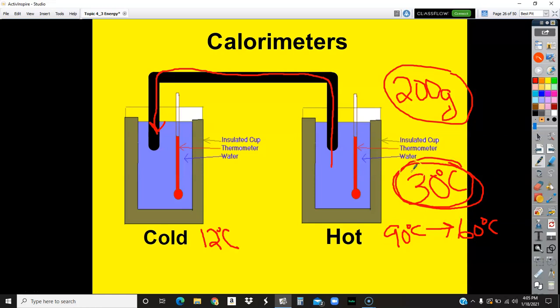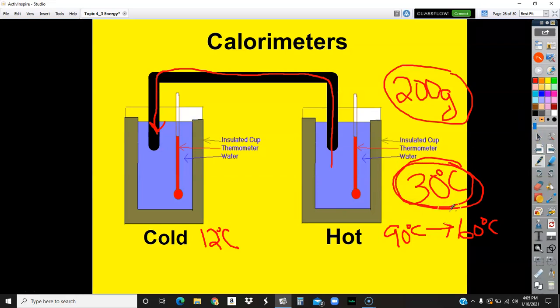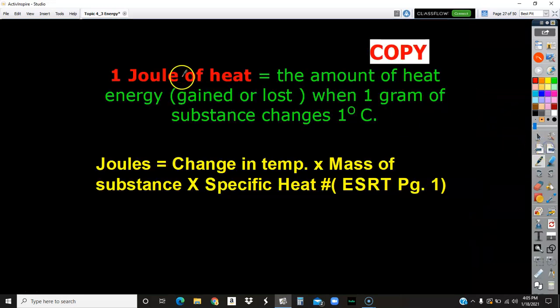And then I'm going to look up that specific heat number of liquid water, which, let me go back, is right here, 4.18 joules per gram per degree. If I know all three of those, I know the number for water, I know how many degrees the hot water went down, and I know the mass of the water, 200, I can calculate the joules, the amount of heat that, in this case, the hot water lost.